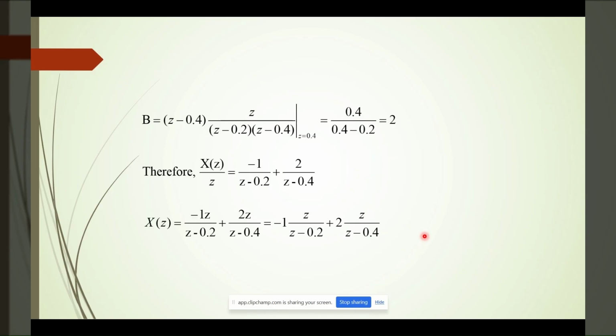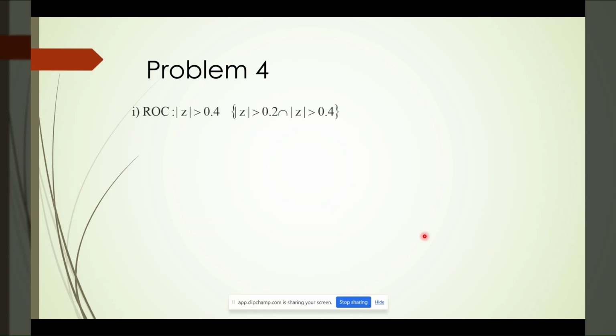In the previous problems, we got the direct discrete time sequence because the ROC was not mentioned there. So we considered it as a normal right hand sequence and wrote it in terms of a power n u of n format. But now they have given three different conditions in problem 4.